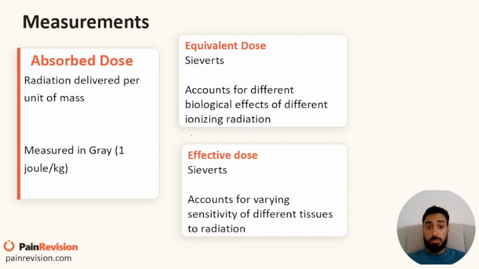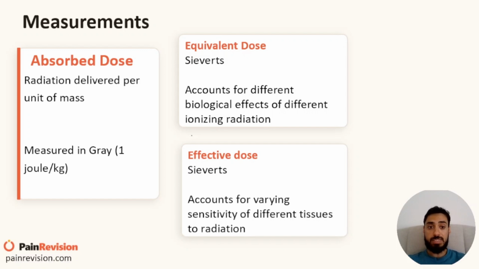While the absorbed dose might be the same, say 0.2 milligray, the biological effect might be different depending on whether that 0.2 milligray is of X-rays or of alpha particles, because 0.2 milligrays of alpha particles will have more of a biological effect than 0.2 milligrays of X-rays.